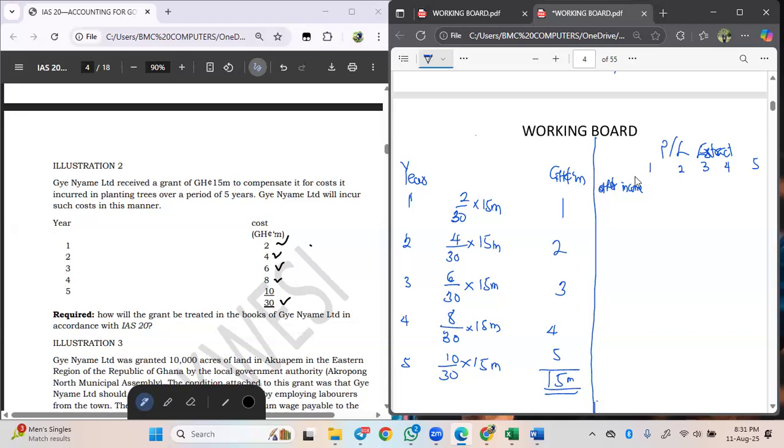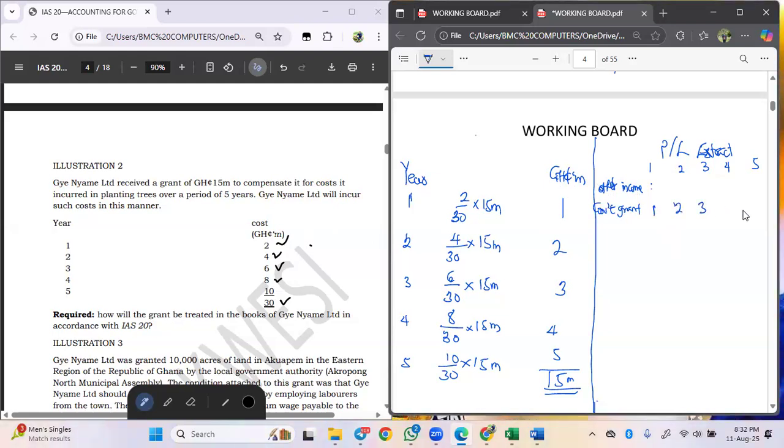And this is just an extract. So if you are copying, just bring the CD sign down here. In year 1, the other income will be government grants. In year 1, we transferred 1 million. Year 2, we transferred 2 million.